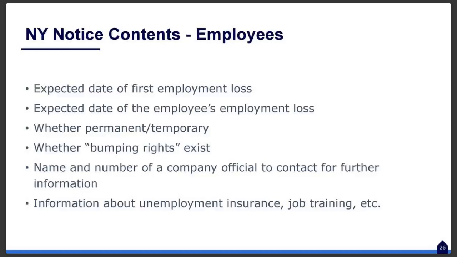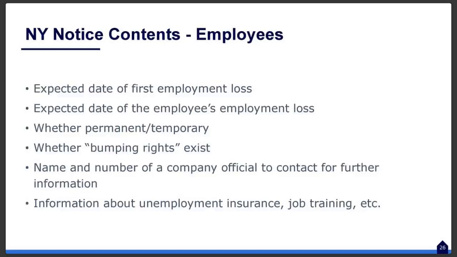The other wrinkle on the WARN notices is if there's information that you don't know at the time you issue the notices. Remember, in New York, that's supposed to be 90 days before the first employment loss happens. Then you have to issue subsequent notices if and when the additional information becomes known, or probably if it materially changes as well.